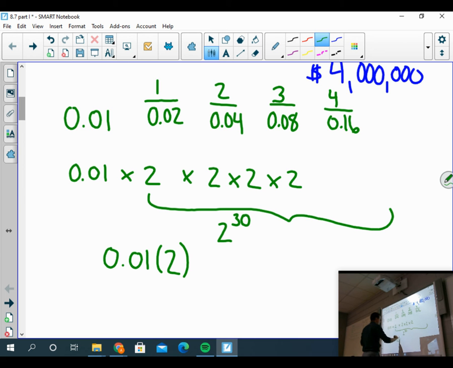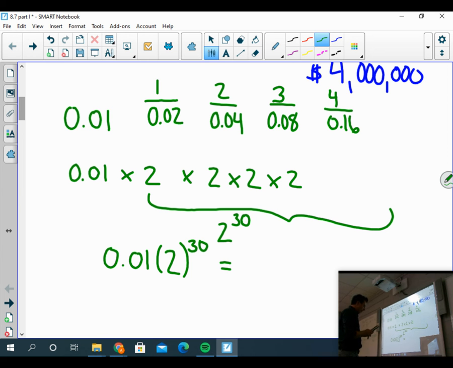So really, the easiest way to summarize what's happening with the penny is 0.01 times 2 to the 30th power. We start with 1 cent, and we will multiply that 1 cent by 2 30 times, because our money total gets doubled once a day for 30 days.